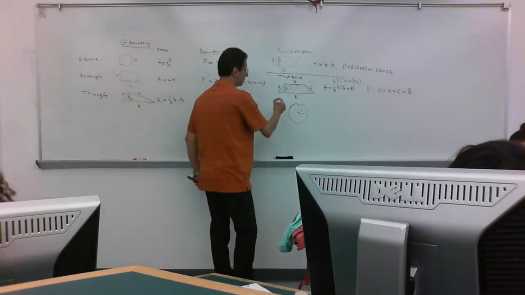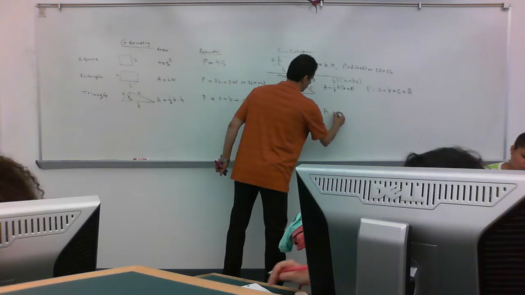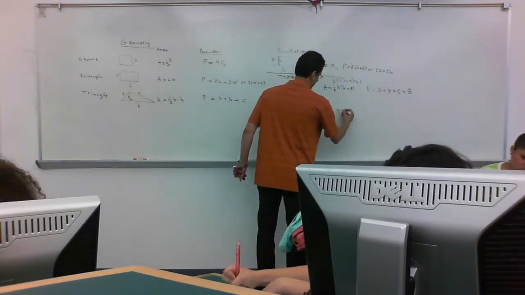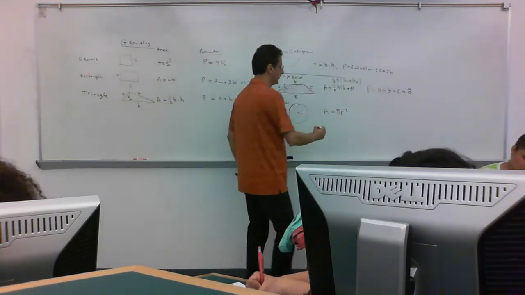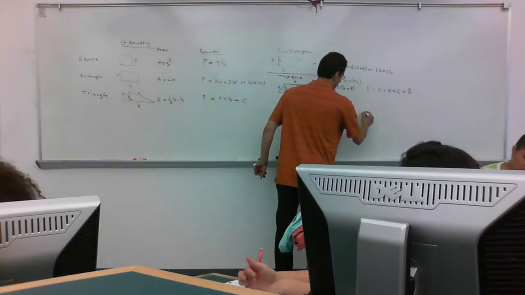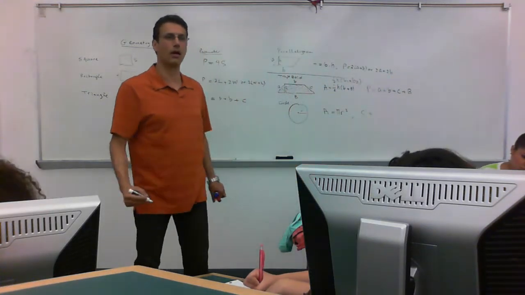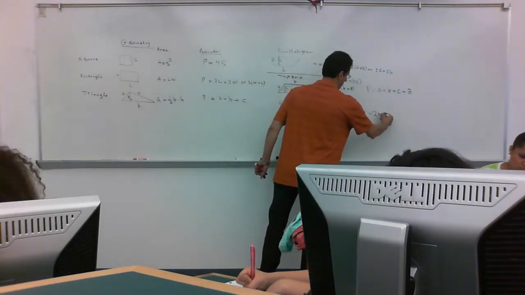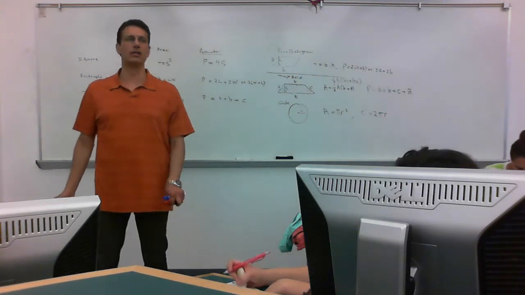This one is a circle, right? What's the area? It's pi times r squared. Perfect, right? And we call it the circumference. Circumference is equal to? 2 pi r. Now when we use pi, it's a precise number.